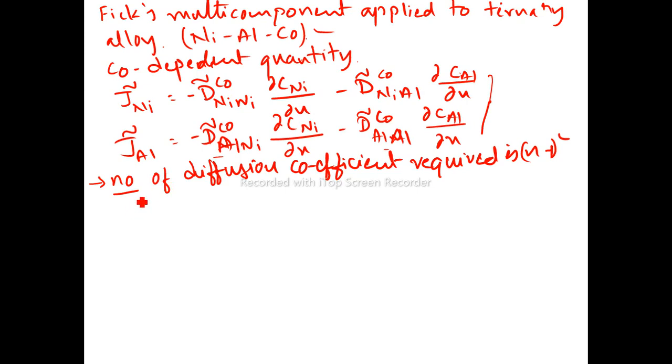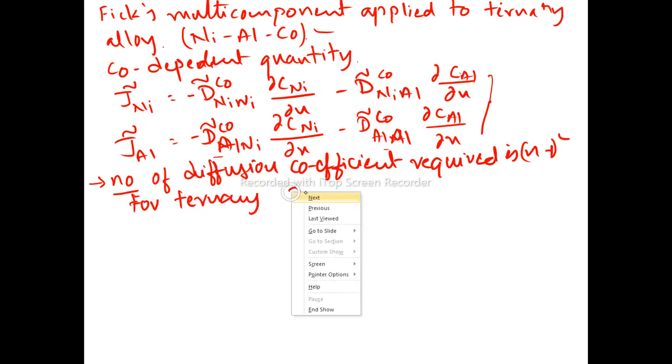For example, for a ternary, it is (3 minus 1) whole square, that is 4. We need to get the 4 interdiffusion coefficients.